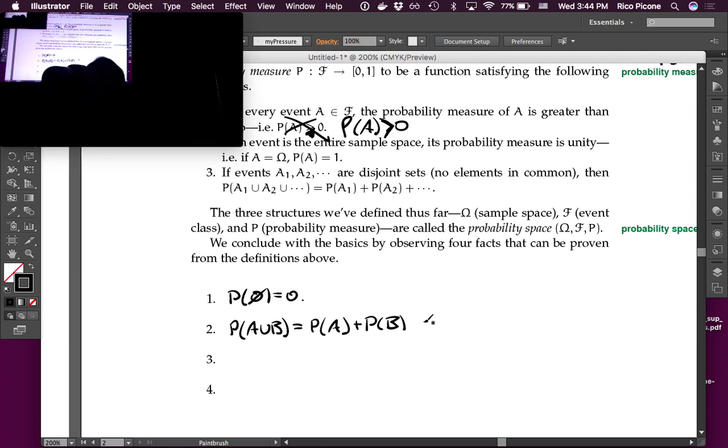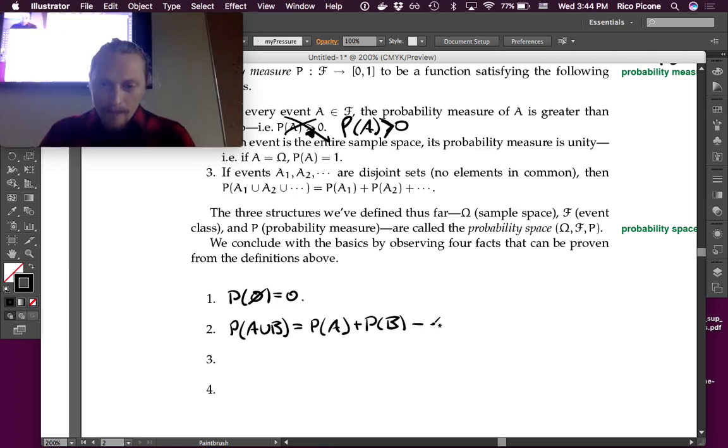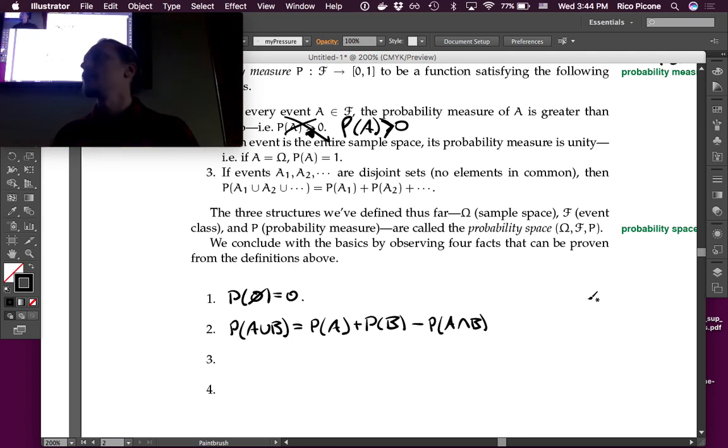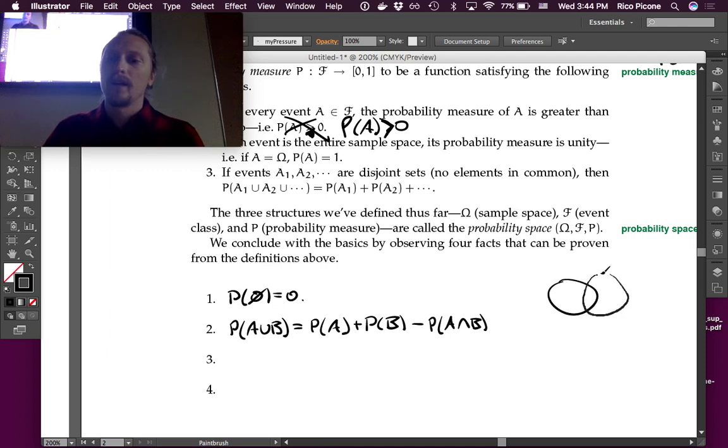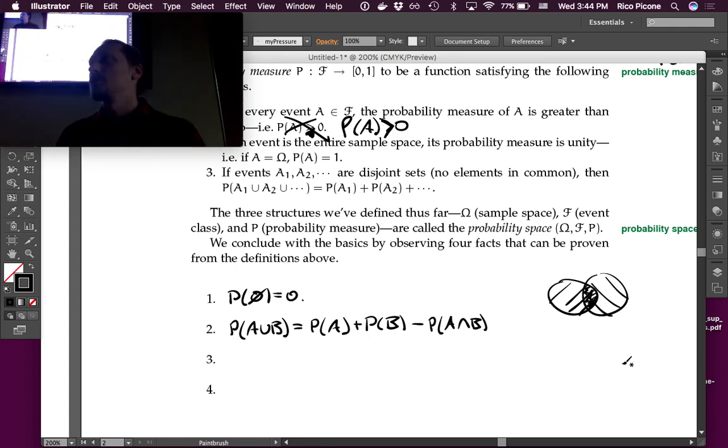Minus the probability of A intersect B, because otherwise you're counting it twice, right? It's like when we did a Venn diagram. We summed these up and added them together, but you double counted the intersecting part. So you had to subtract out the intersecting part, one of them, so that you got just one count of it.